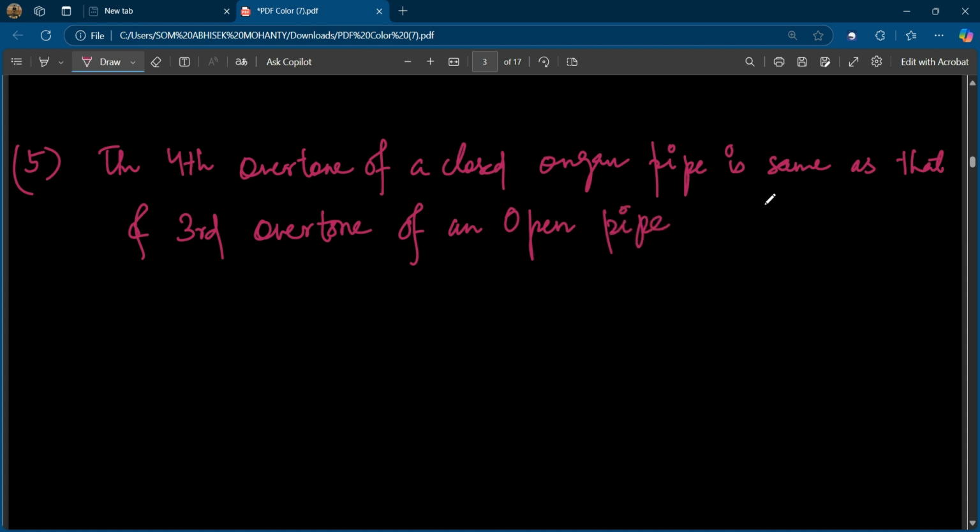Fourth overtone of a closed pipe is same as that of third overtone of an open pipe.